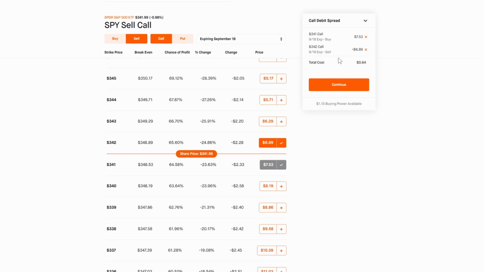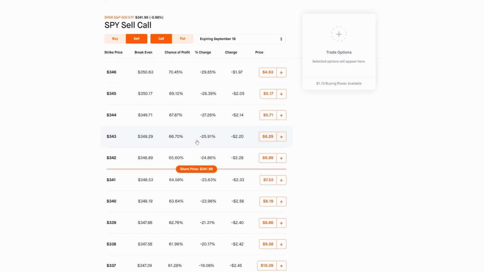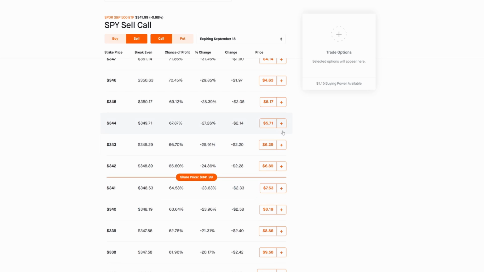Now that you know how to place the debit call spread and the debit put spread, let's create a credit call spread. To create a credit call spread, you select sell and select call. Then you want to sell a credit call spread that is out of the money because you want your option trade to expire out of the money to receive the maximum credit. So to select that, you would go higher and you will see the chance of profit.